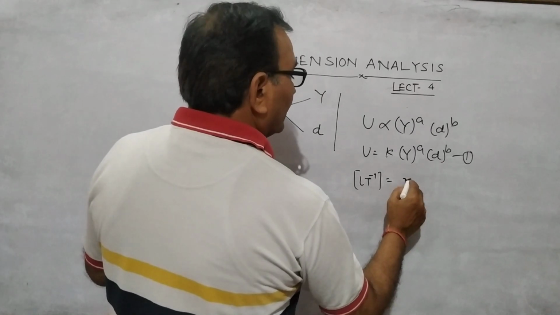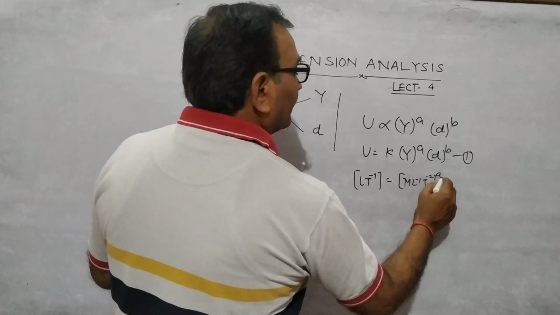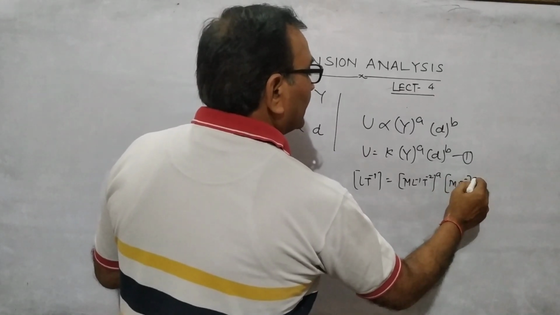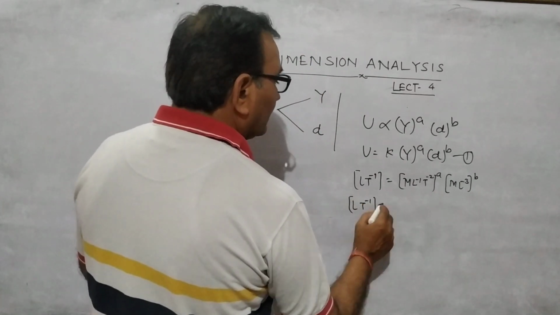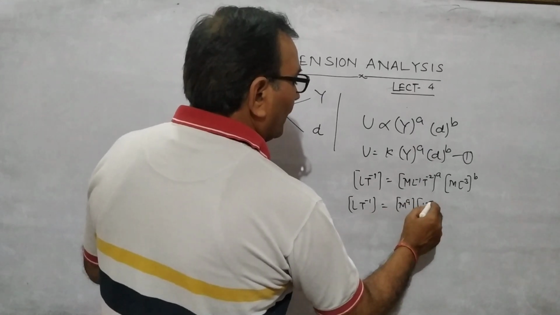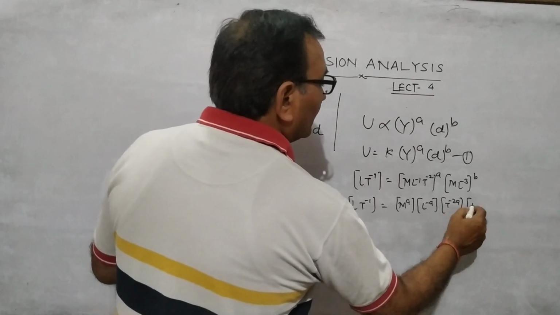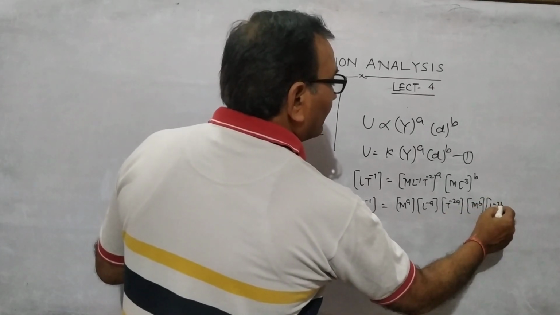You have the dimension M L to the power minus 1 T to the power minus 2, whole to the power a, and this is density, M L to the power minus 3, to the power b. So L T to the power minus 1 equals M to the power a, L to the power minus a, T to the power minus 2a, M to the power b, and L to the power minus 3b.